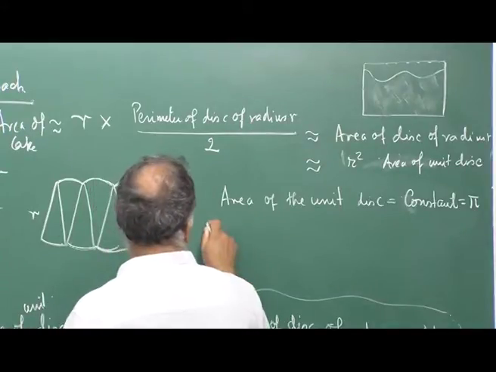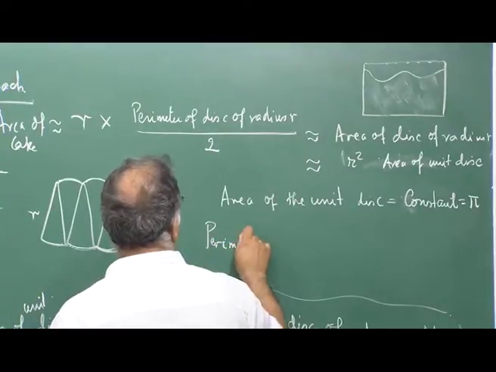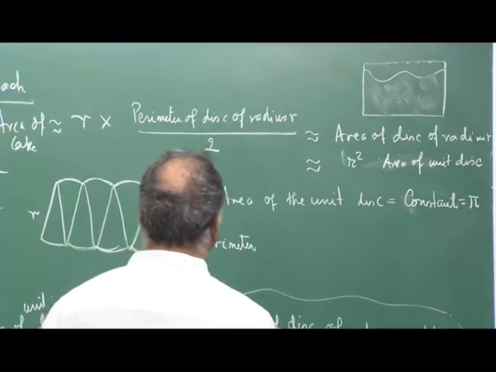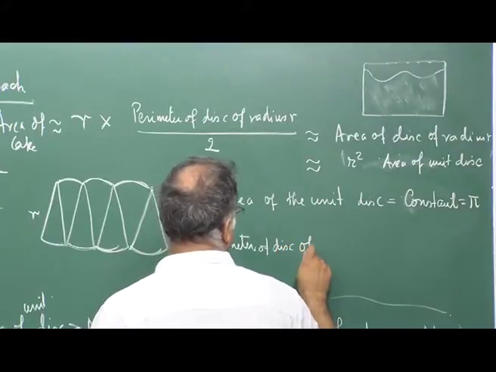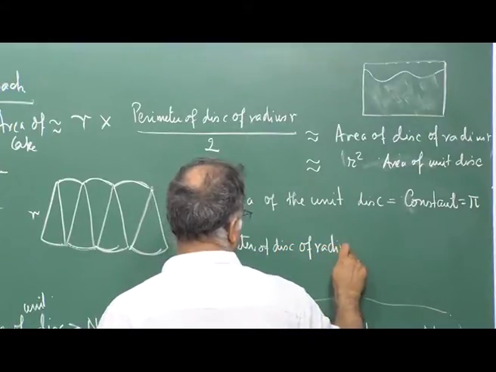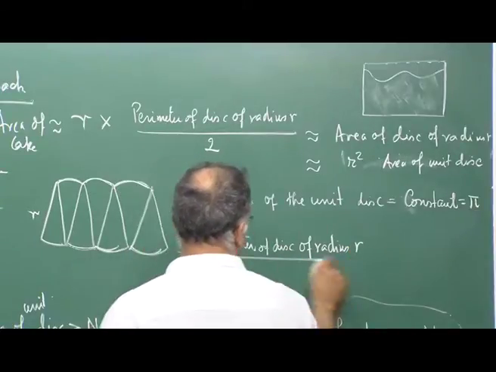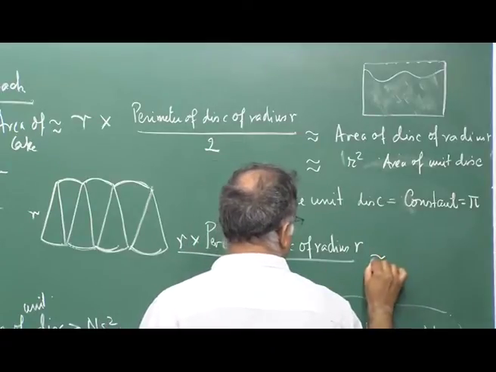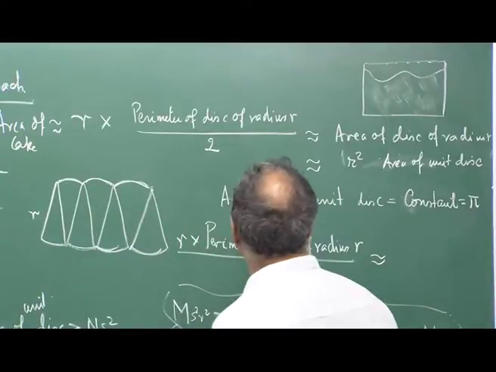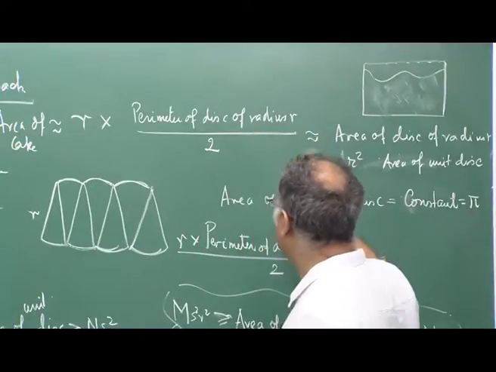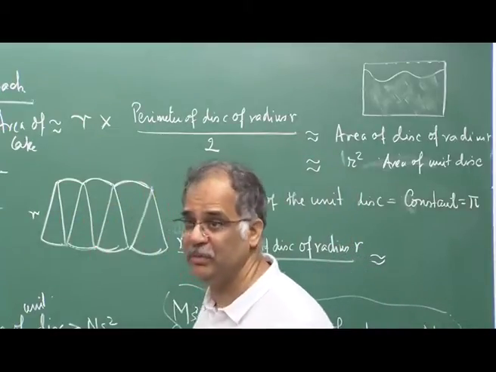It shows that perimeter of disk of radius r into r by 2 is equal to, so as you do better and better approximation, in the limit this gets better and better, because as you make this thing smaller and smaller, the approximations become better and better.